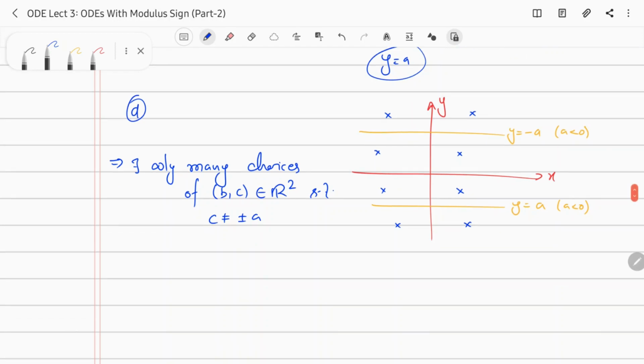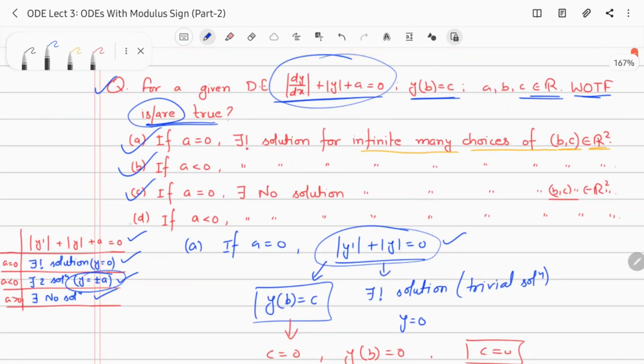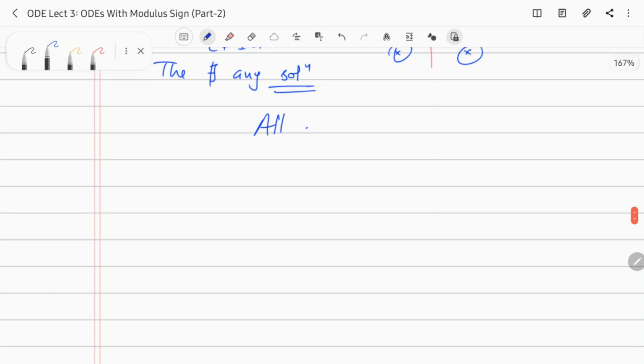So if I'm not taking c equal to plus minus a, then there does not exist any solution, right? Because for these b comma c we don't have any solution. So in that case I will say option D is also correct. So for this question all options are correct.